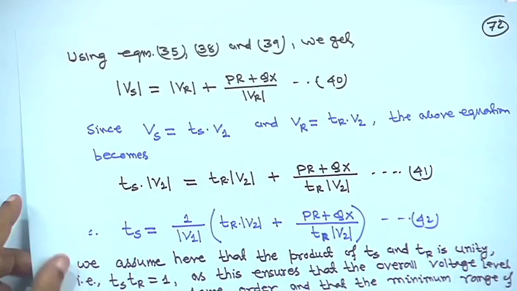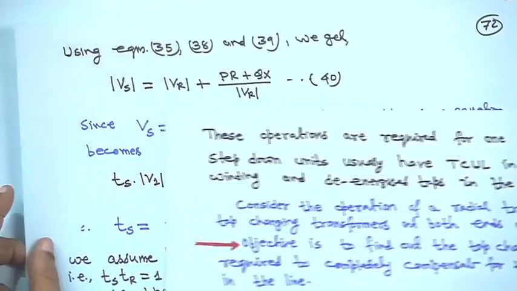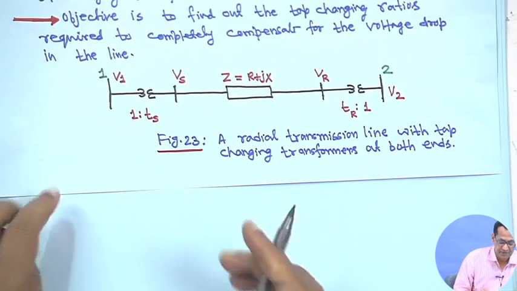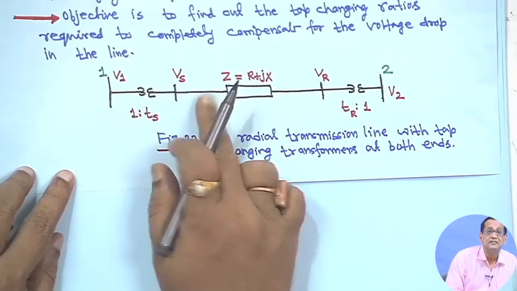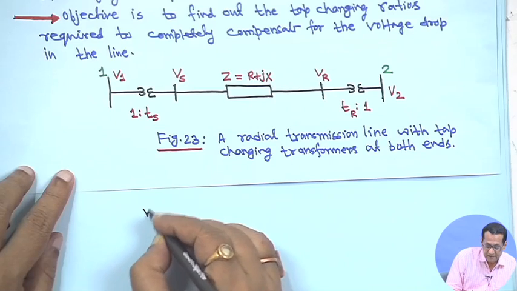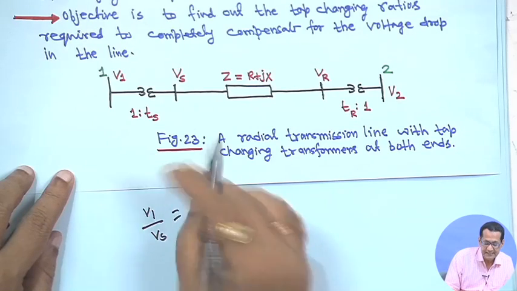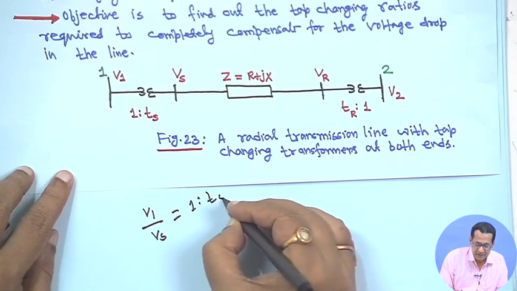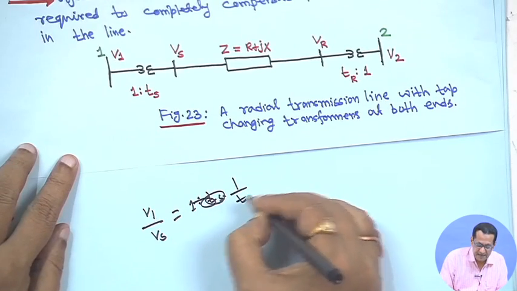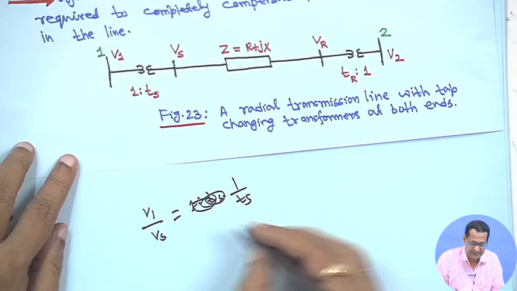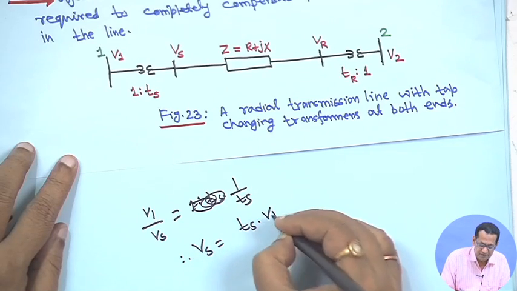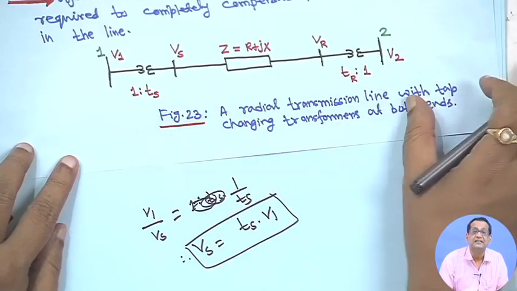Now, if you come to this diagram, figure 23, V1 upon Vs, its ratio is 1 is to Ts, that means 1 by Ts, so Vs is equal to Ts into V1 this side.